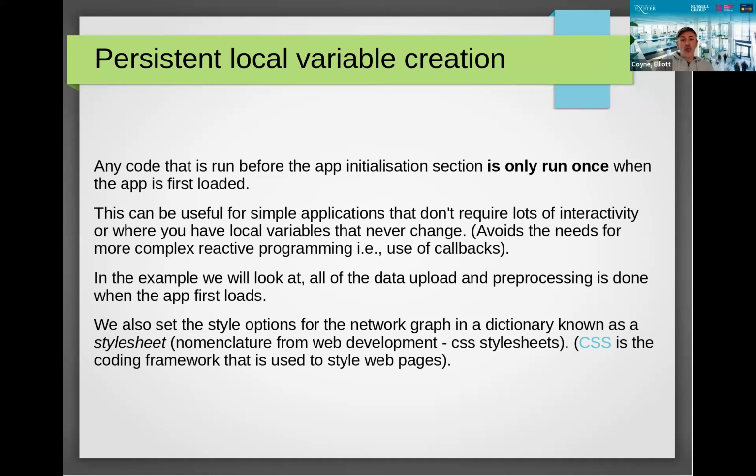And in this part, we will also set some style options for the network graph in a dictionary known as a style sheet. So if anyone has done any web development in the past, you'll know CSS, cascading style, sorry, mine's just gone blank, styling. Essentially, you can determine how a web page will look and feel.